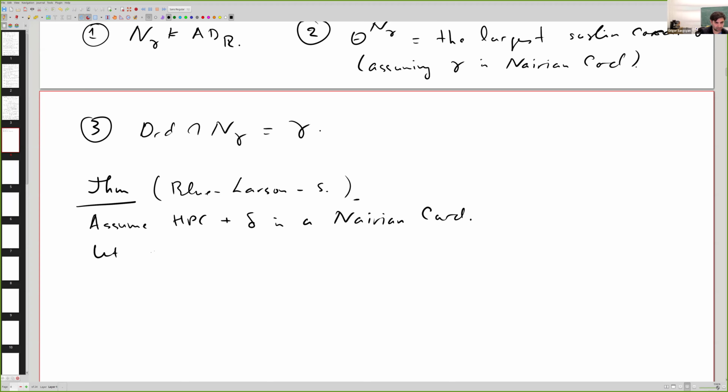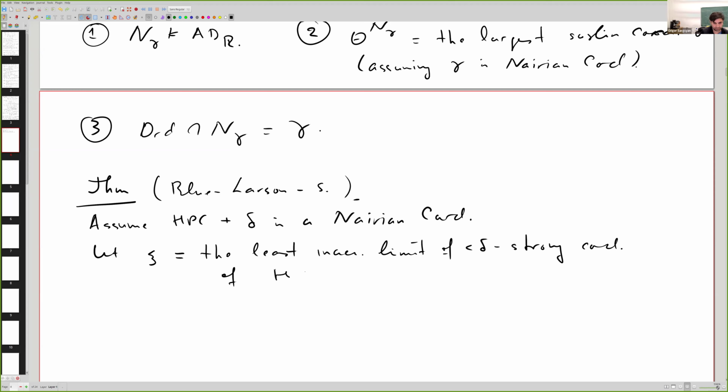Let now psi be the least inaccessible limit of less than delta strong cardinals of phi.